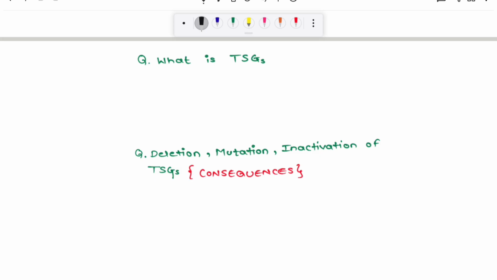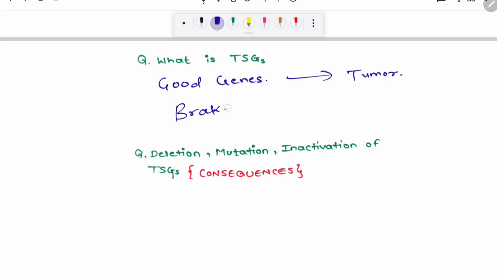As mentioned, TSG stands for tumor suppressor genes. These are the good genes. Their presence in the cell's DNA does not lead to the formation of any tumor, meaning these genes prevent tumor causing conditions. To make it simple, TSGs act as a brake for the cell cycle, controlling cell division.